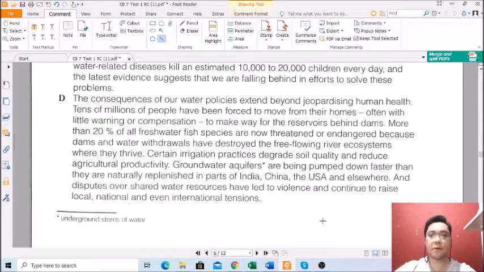Okay, so you need to understand the sentence that really umbrellas all the other sentences, the main idea or the main intention of the writer writing this paragraph.